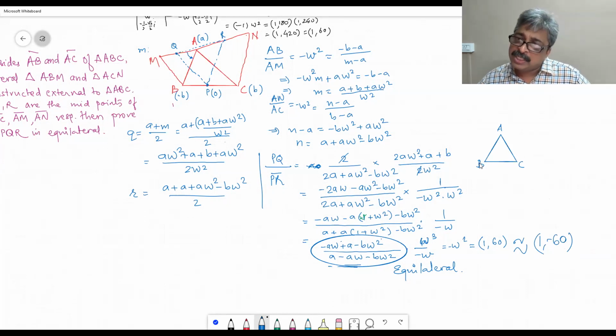So AC to AB is plus 60 degree, AB to AC is minus 60. No, the other way around. AB to AC is plus 60 degree, and AC to AB is minus 60 degree. However, both these operators are all right. It is dependent on the choice of the segments that you have made.